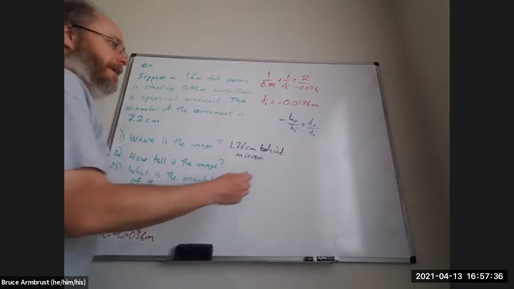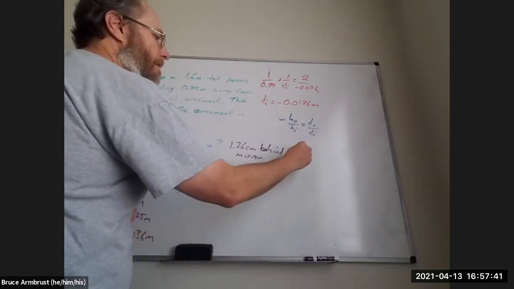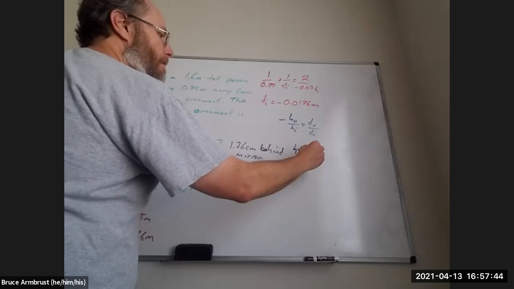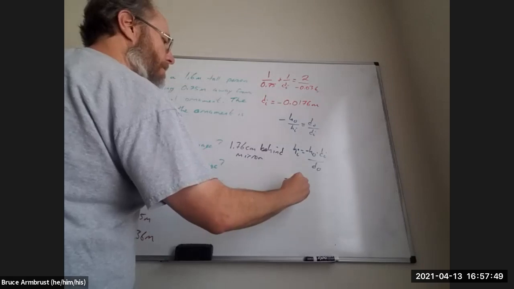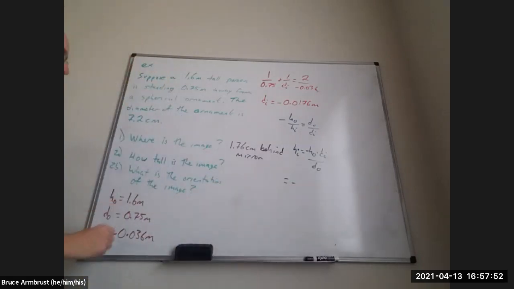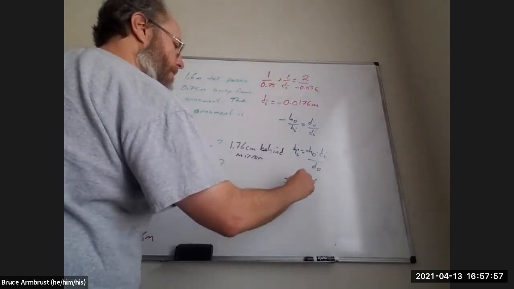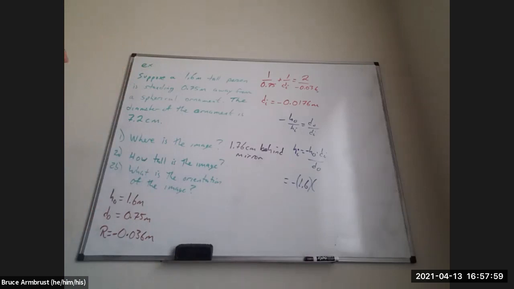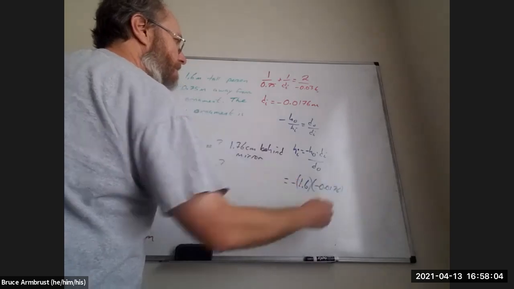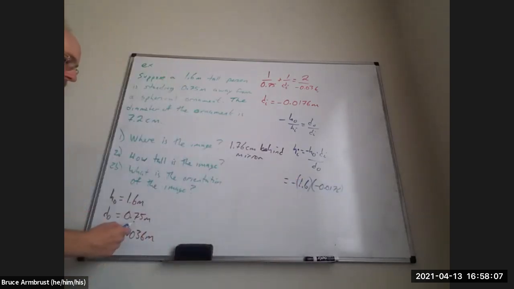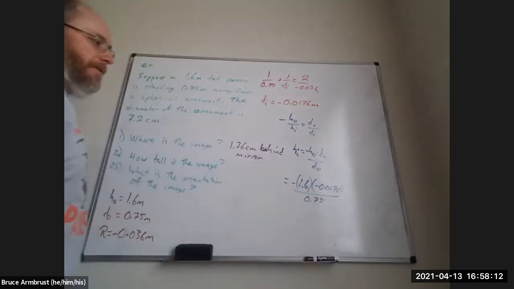So if I solve that for HI, that's going to equal minus HO times DI over DO. So let's put in our numbers. So HO was 1.6 meters. DI, we just calculated that, was a minus 0.0176 meters. And then DO, we knew that we were 75 centimeters in front of it.